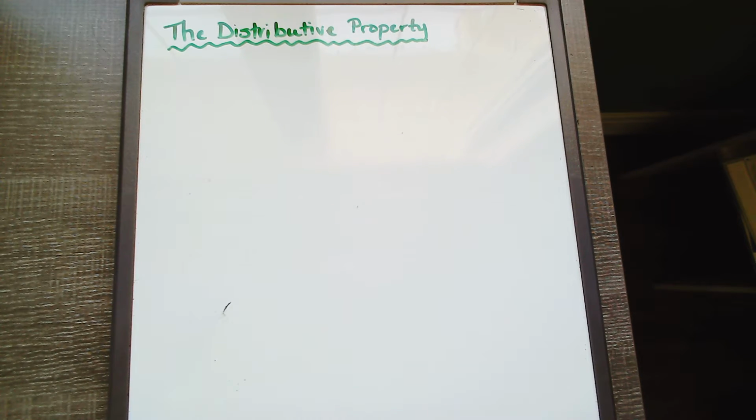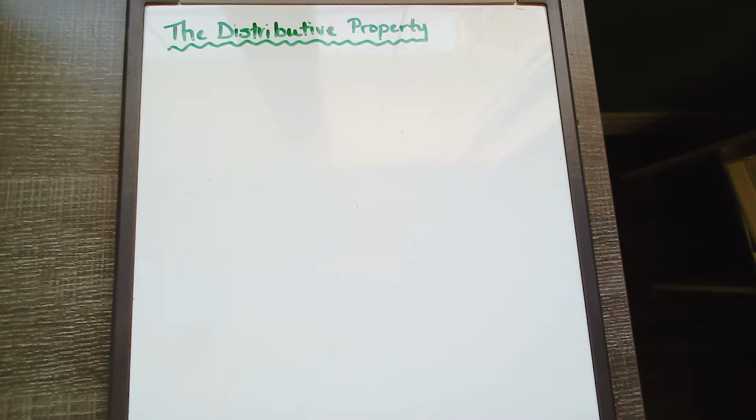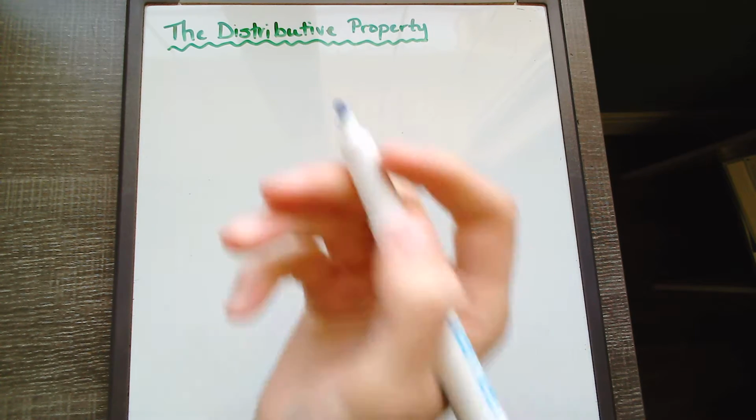For example 1, it says use the distributive property to write each expression as a sum of terms. Remember that the word sum means the answer to an addition question.